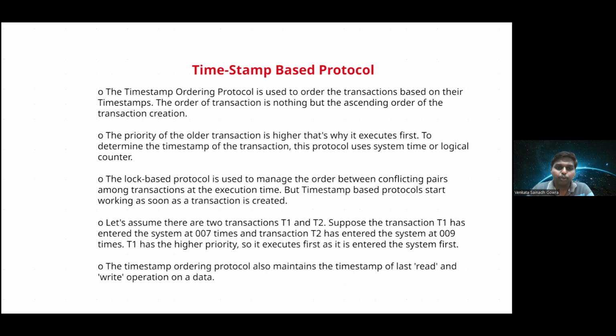Next, for example, let's see for clear understanding. Let's assume there are two transactions, T1 and T2. T1 has entered the system at time 7 and transaction 2 has entered the system at time 9. T1 has the higher priority. So it is not how many times it has entered; the timestamp is given as 7.